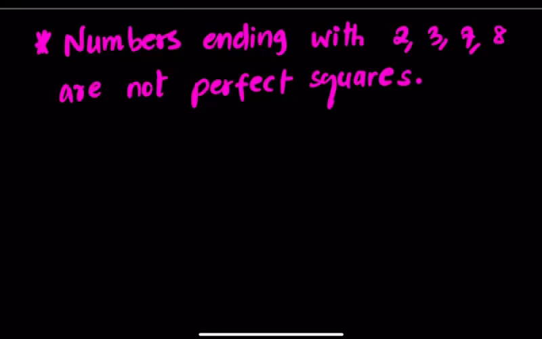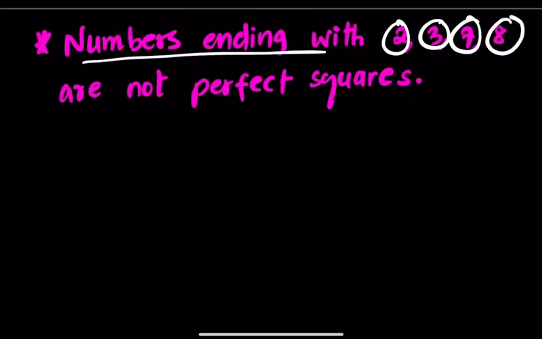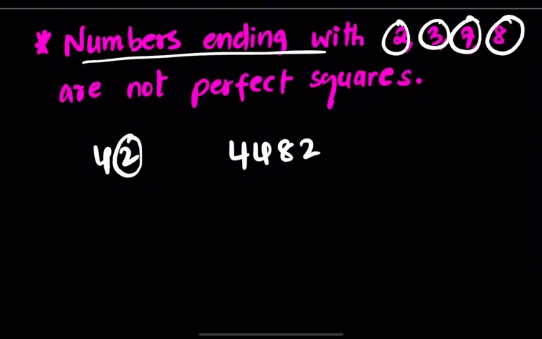There is one interesting fact about perfect squares, which says that numbers ending with 2, 3, 7 and 8 are never perfect squares. So let's see what it means. Is 42 a perfect square? It's not, because it is ending with 2. Is 4488 or 2588 a perfect square?